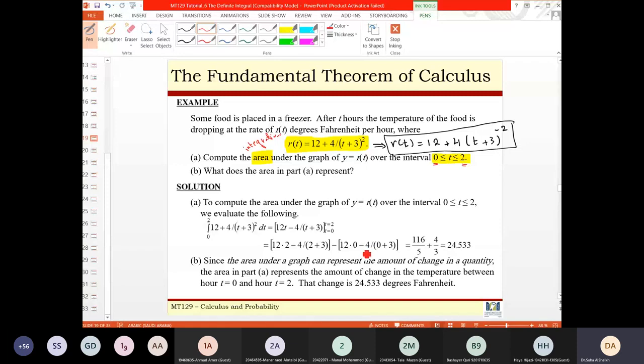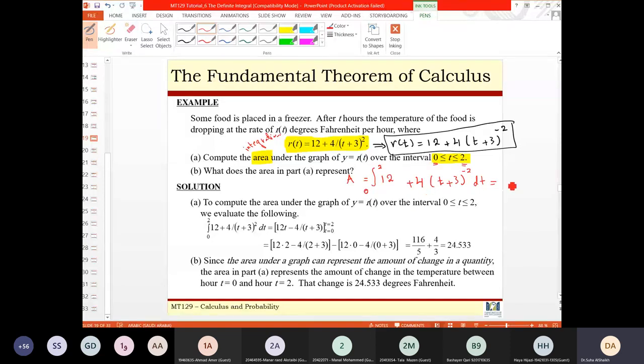Definite it's in this case. So simply I'm talking about the area which is the integration من 0 ل 2 للfunction which is 12 plus 4 and 2 plus 3 to the power minus 2, and the integration is with respect to the t, so I write dt.